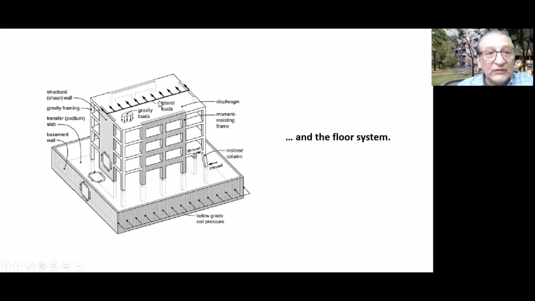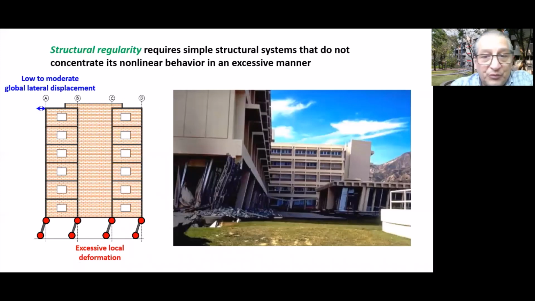A final property or quality that our structural system needs to have is structural regularity, which requires fairly simple structural systems that do not concentrate their nonlinear behavior in an excessive manner. If this happens, at rather low global lateral displacements, all the nonlinear deformation is concentrated in a few elements, and that results in excessive local deformation.